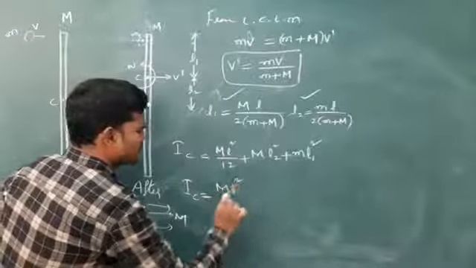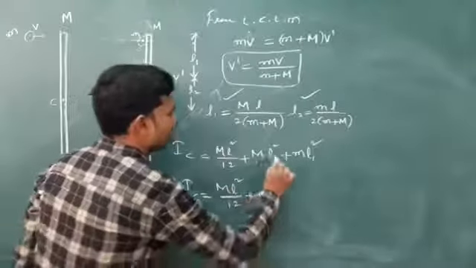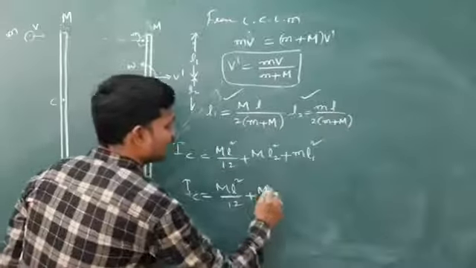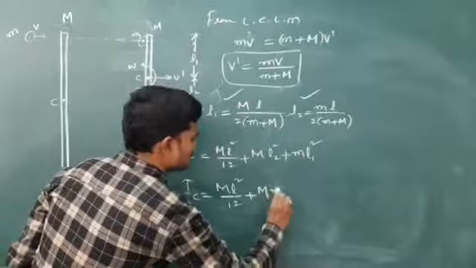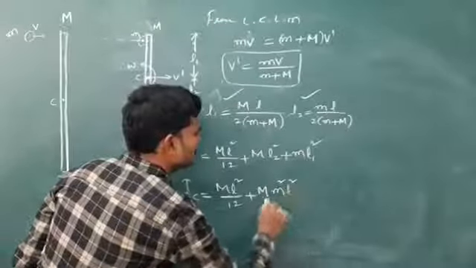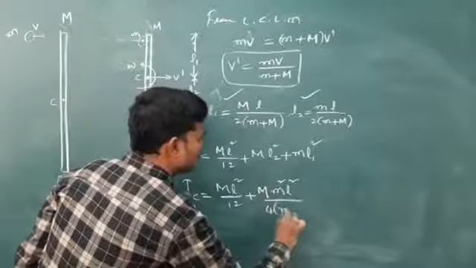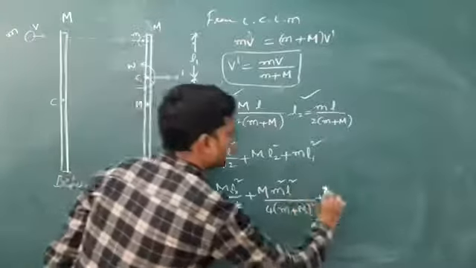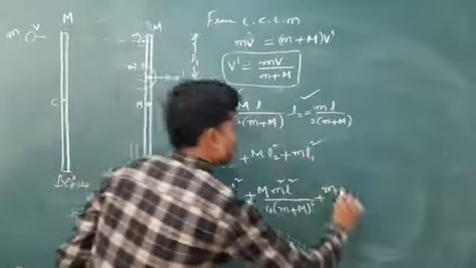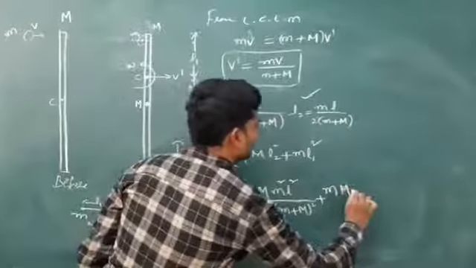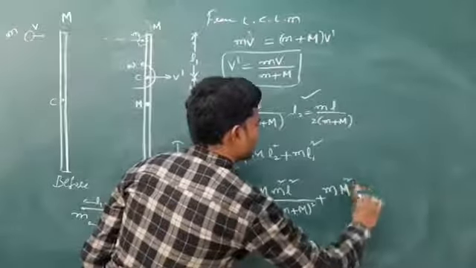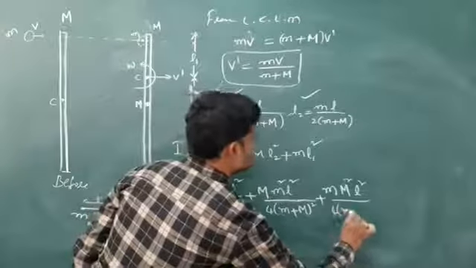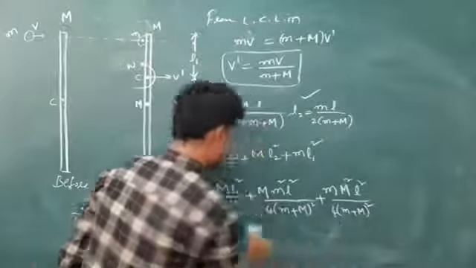Capital M L square by 12, plus capital M L2 square, with L2 being m L by 2 by m plus capital M, so M square L square by 4 into (m plus capital M) whole square, and small m L1, with capital M directly we can write, so capital M square L square by 4 into (small m plus capital M) whole square.